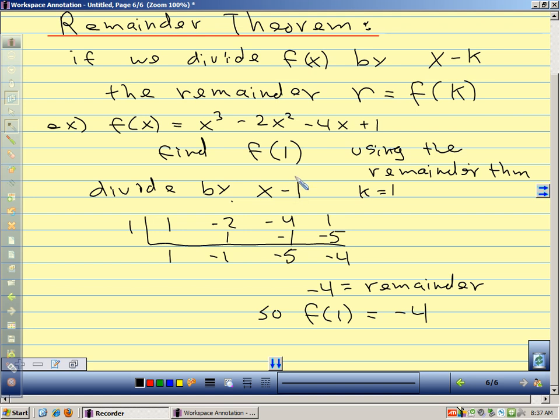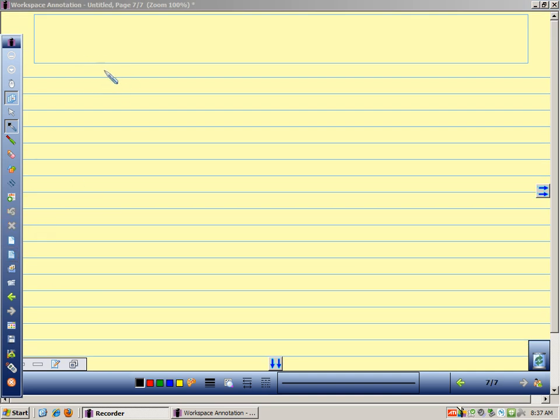Now the special case, and this is what Cedric was asking about earlier, is our factor theorem. Our factor theorem is when the remainder is 0.